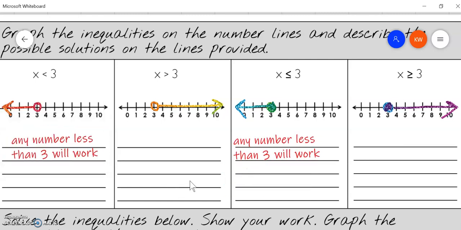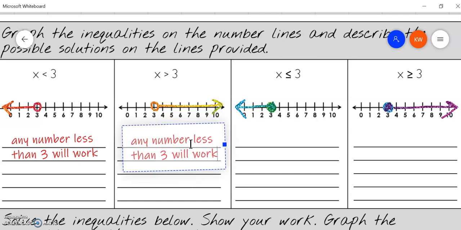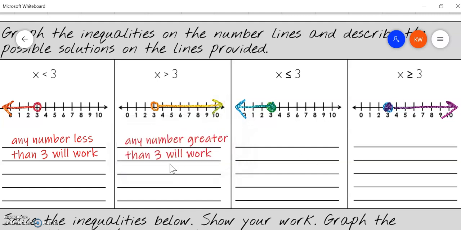Now, for this, the number changes from any number less than to any number greater than will work. Now, keep in mind, this is talking specifically less than 3. 3 will not work for this because 3 is not less than 3. Over here, 3 is not greater than 3. 3 is the same as 3, so these don't work.